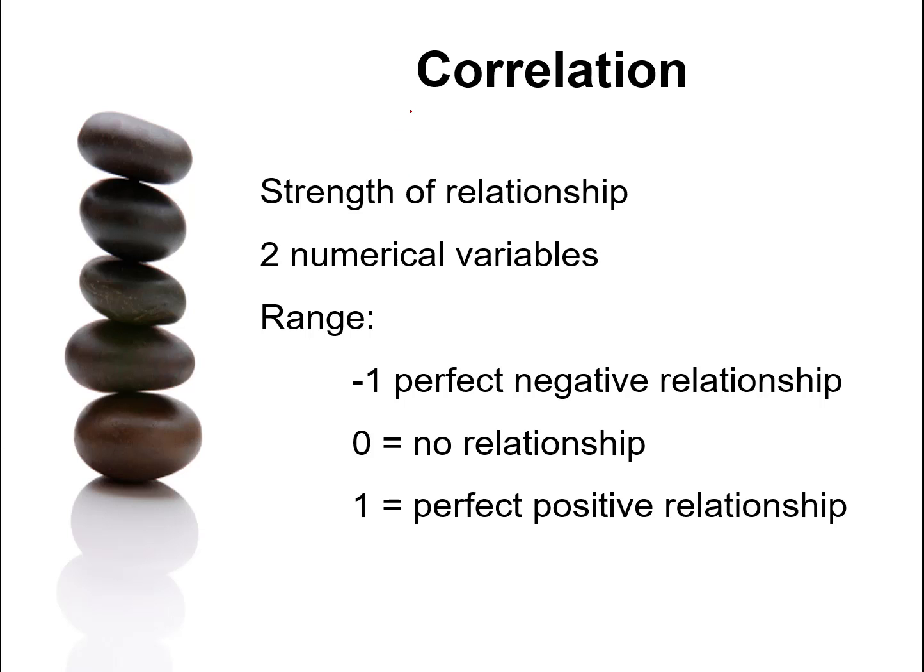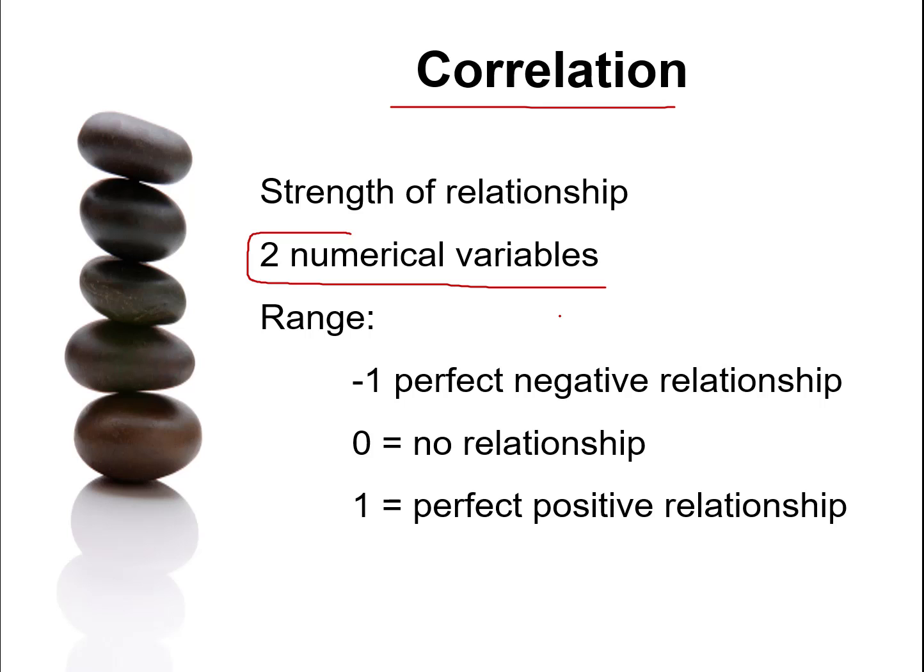A correlation is another way of measuring an effect size, and a correlation is going to be especially appropriate when you have two numerically scaled variables. So this would be a situation where you don't have any group variables, you don't have any categorical variables, all your variables are numerically scaled. They're all variables that range from high to low.